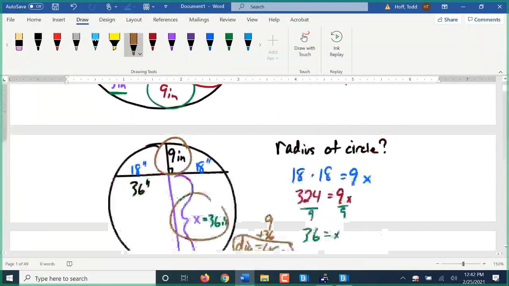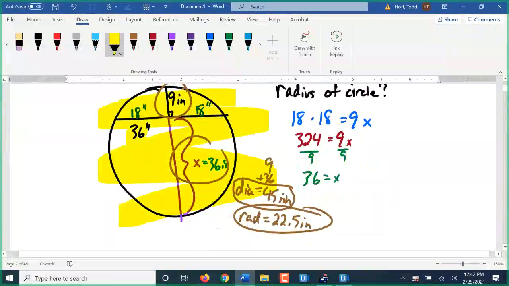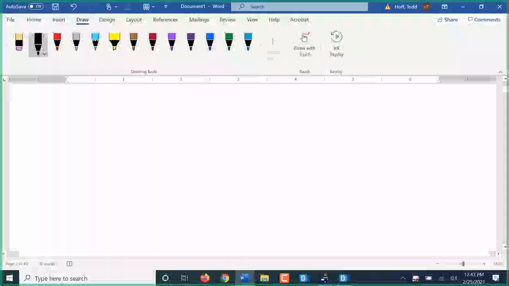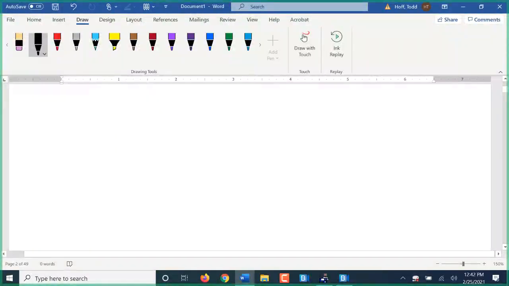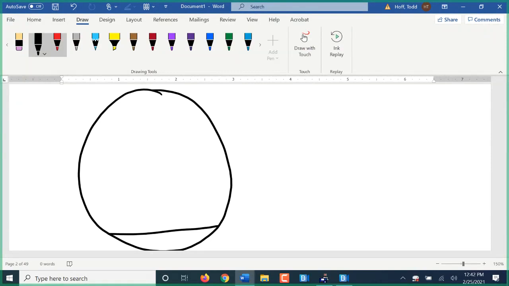But now there are a couple of other concepts that applied here that we haven't specifically talked about yet. And these are those properties that relate back to that isosceles triangle. Let's say we have a chord down here, like that. I'm going to draw my radii from the center to each end of that chord. So I know that these two pieces are equal because they're both the radius of that circle.